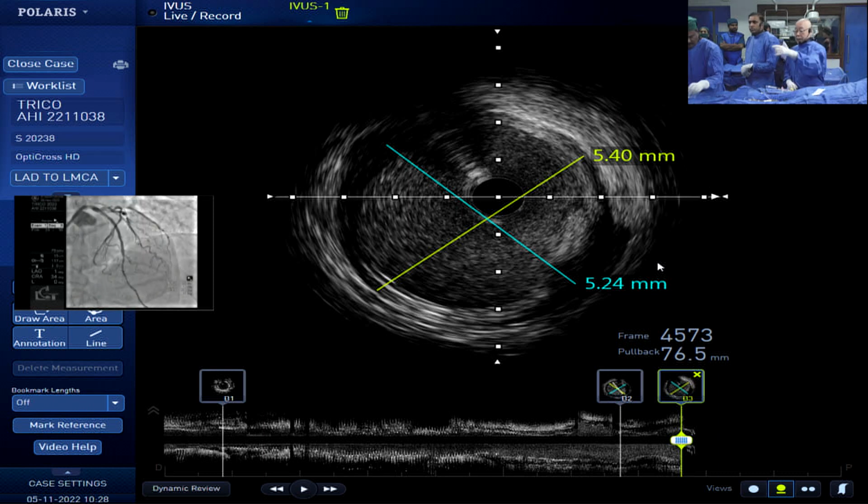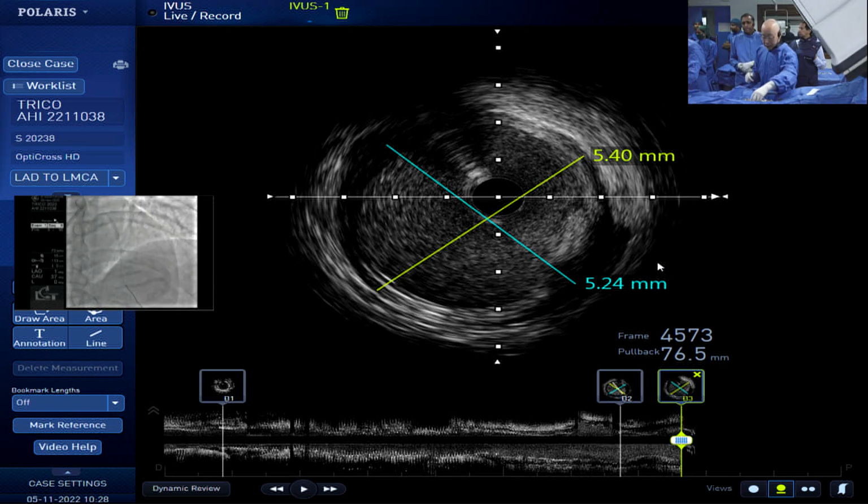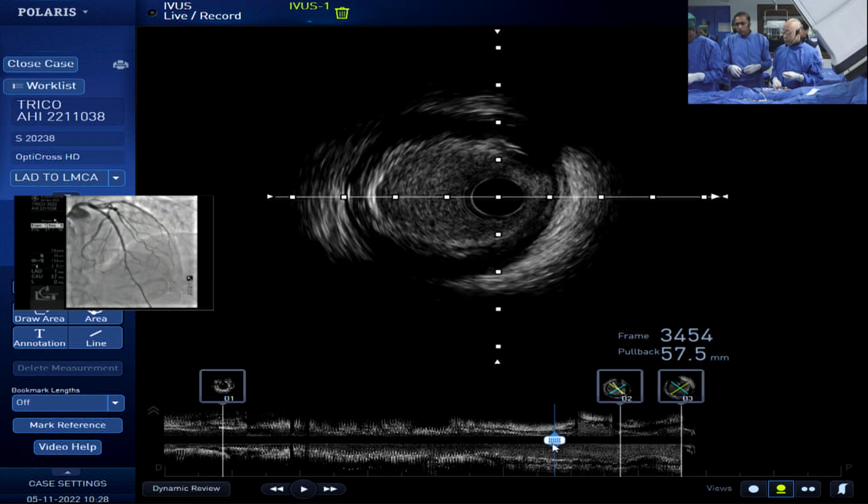So, Dr. Saito, the proximal LAD by IVUS, the size is EEM to EEM 4.8. Okay. And the proximal left main is EEM to EEM around 5.2. Okay. What is the minimum lumen area of the LAD? Okay, I will try to check.